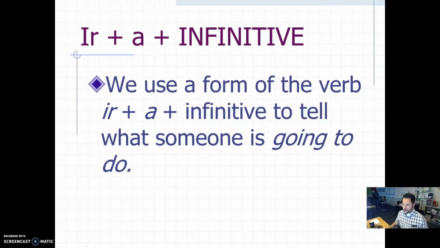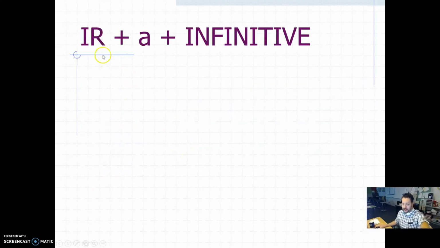All right, so if you're gonna say something to the effect of, I am going to eat, you say voy a comer. If we say something like, we are going to study, you say vamos a estudiar. So if you want to tell someone in Spanish what you're about to do, then that's the formula that you follow, ir. Either voy, vas, va, vamos, van, plus the preposition a, plus whatever action that you're planning on doing.